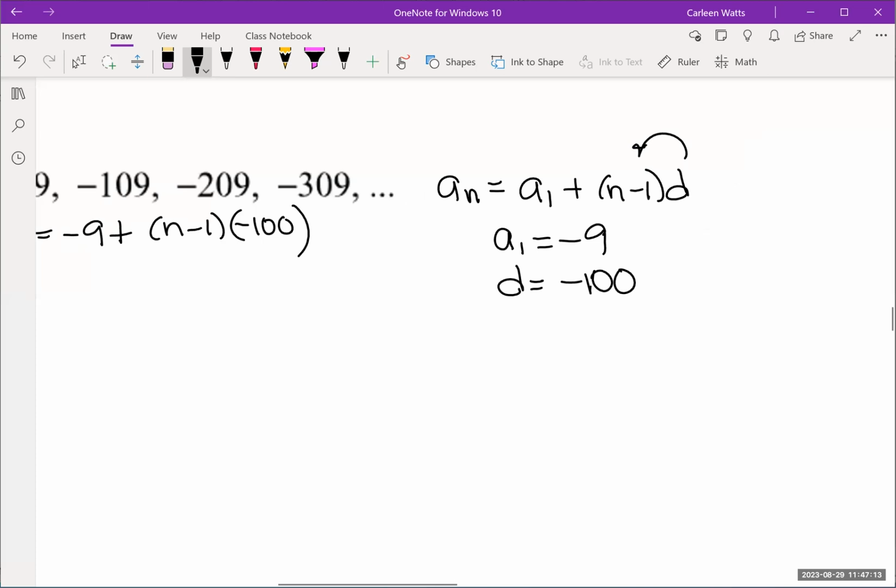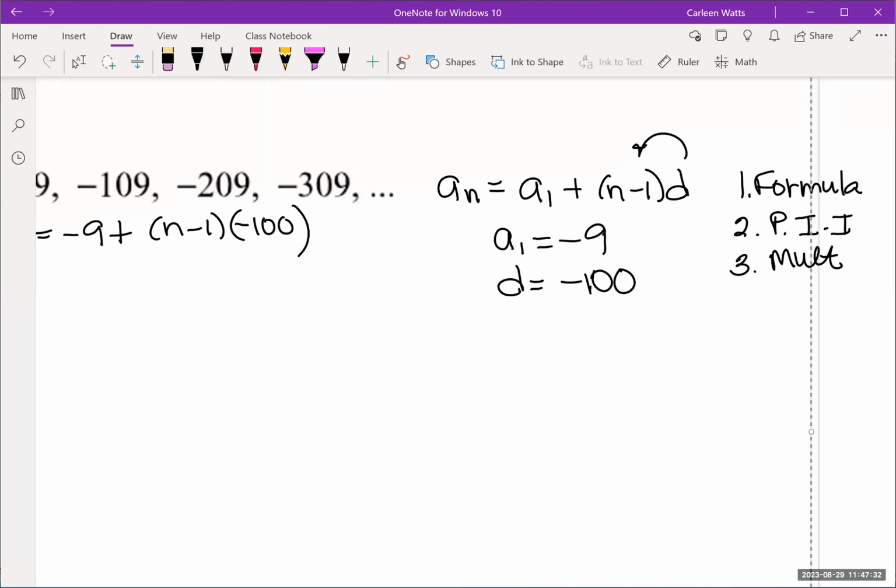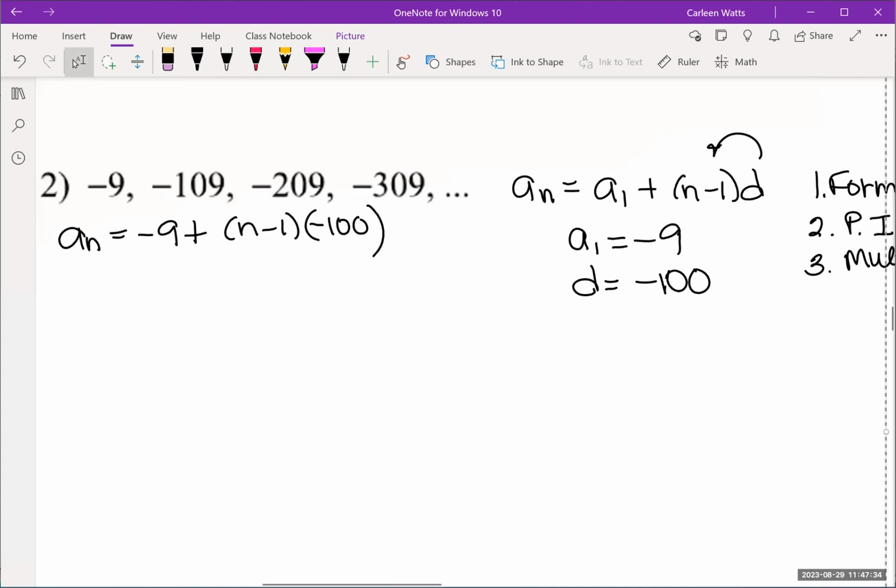So step 1 was the formula. Step 2 was plug it in. Step 3, multiply. Oh, we're going to distribute.